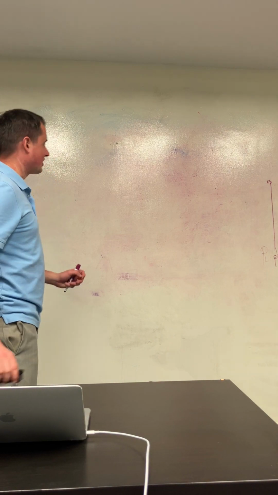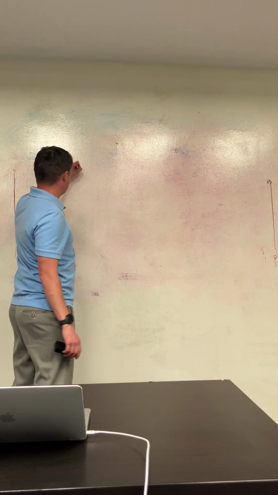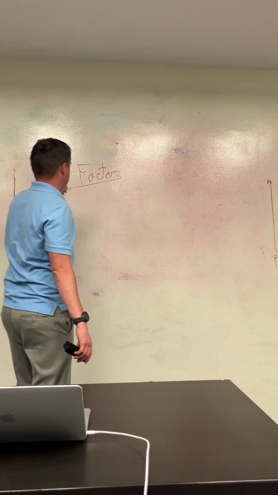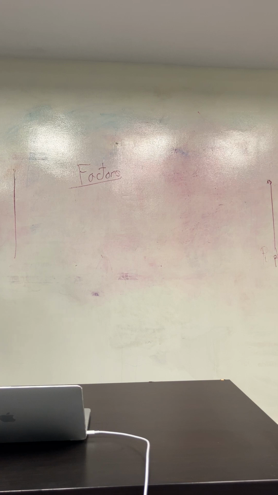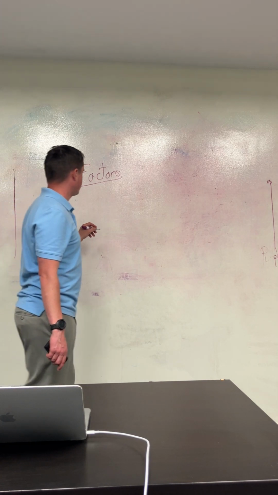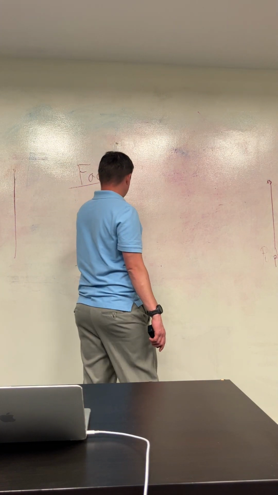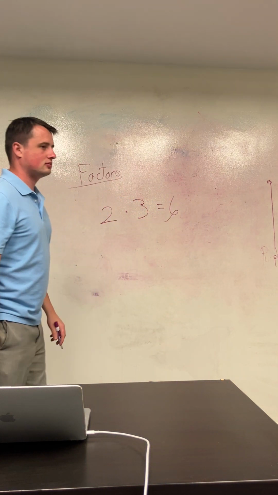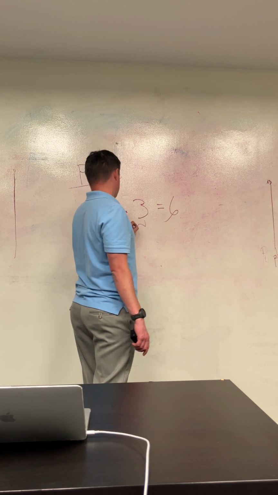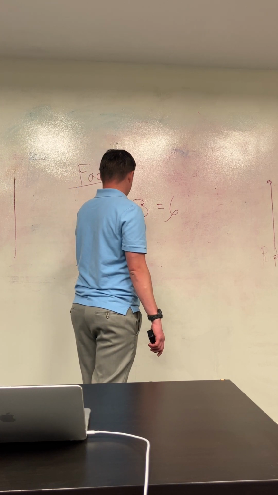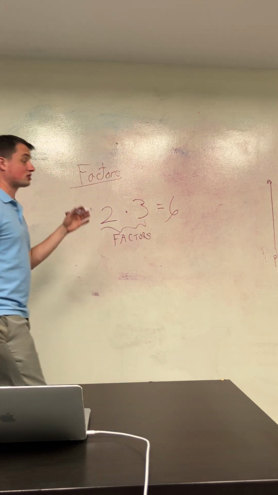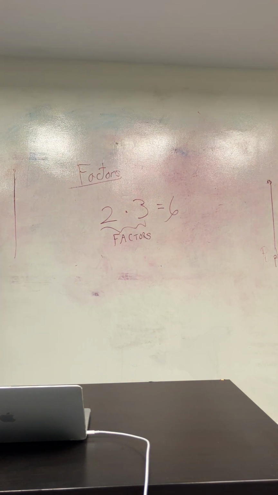So now we're going to talk about something called factors. These are just a few random topics we're covering at the start. Let's say 2 times 3 equals 6. The factors are what multiply to the number.